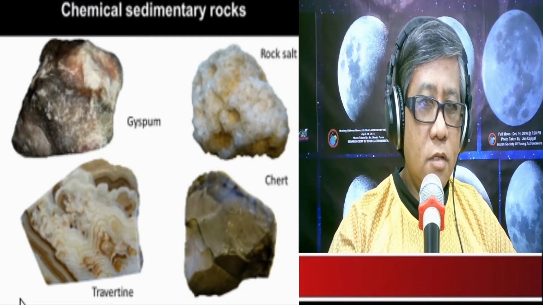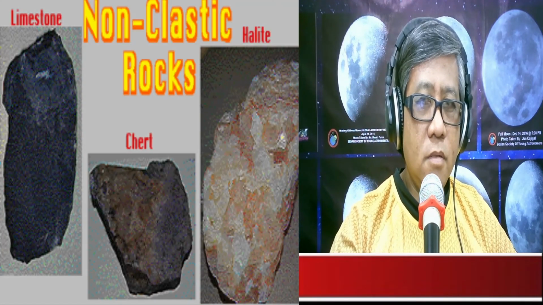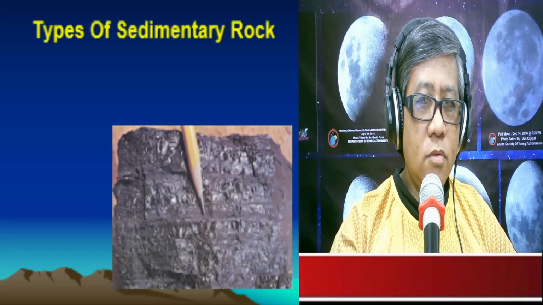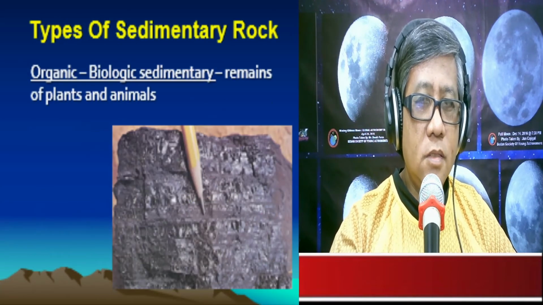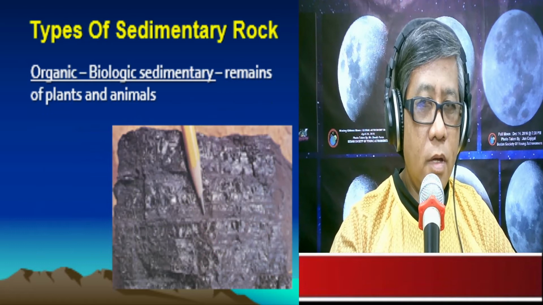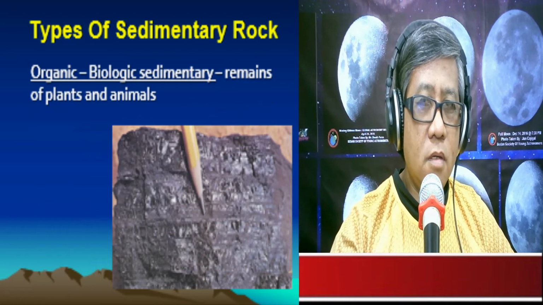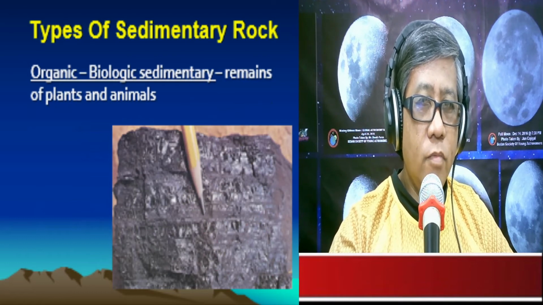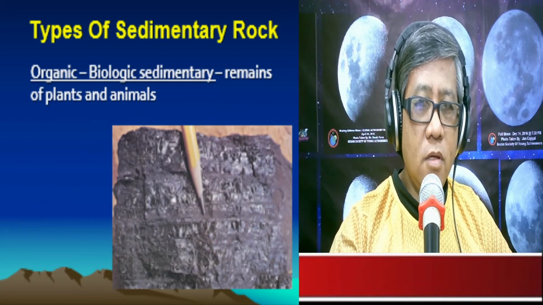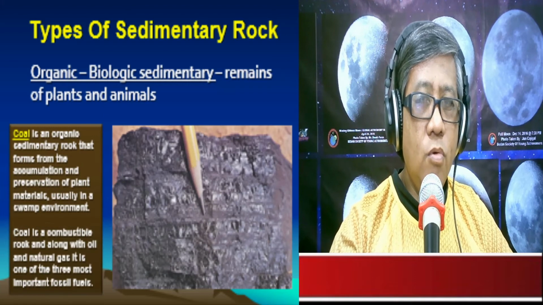And lastly, the third type of sedimentary rock is known as organic sedimentary rock or biologic sedimentary rock. Organic or biologic sedimentary rocks are made from the remains of plants and animals. The best example is coal.